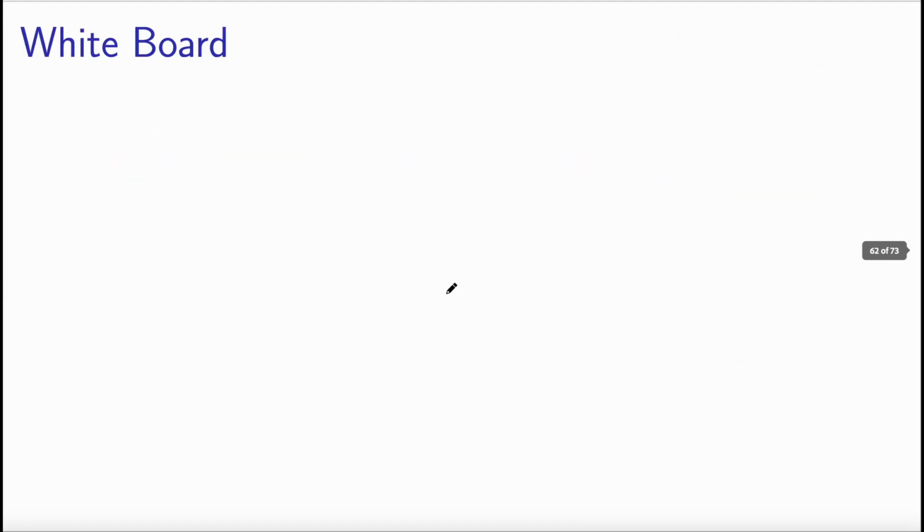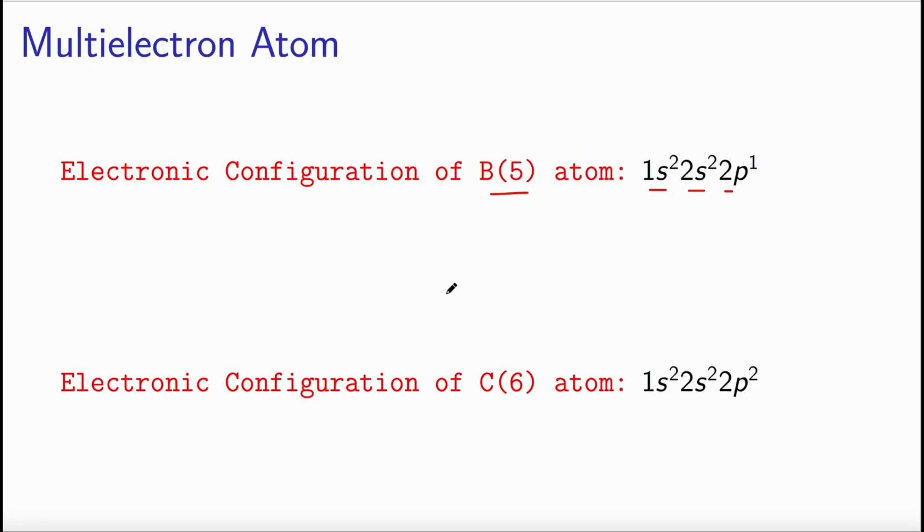So for boron it is 1s2, 2s2. This is the 1s, this is 2s, and then there will be the 2p orbital.